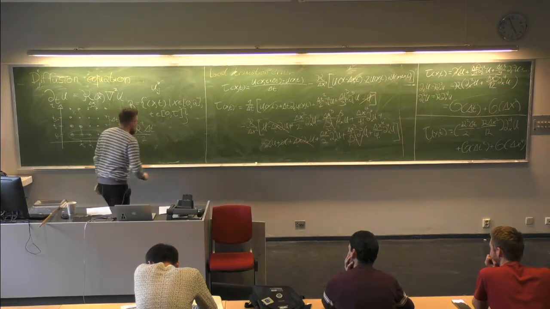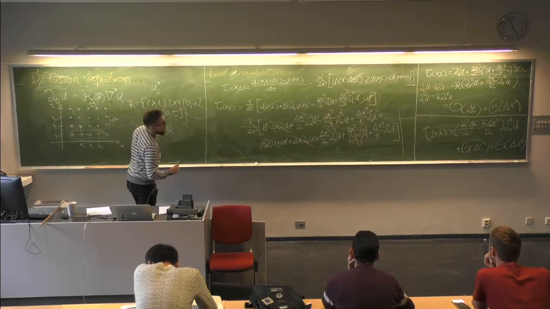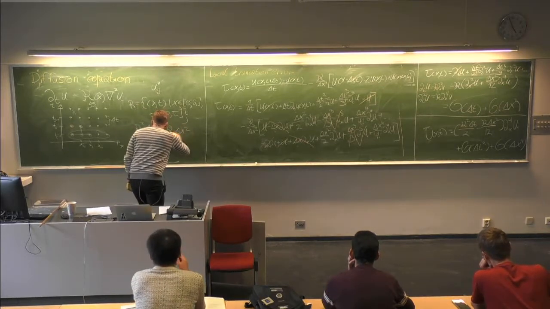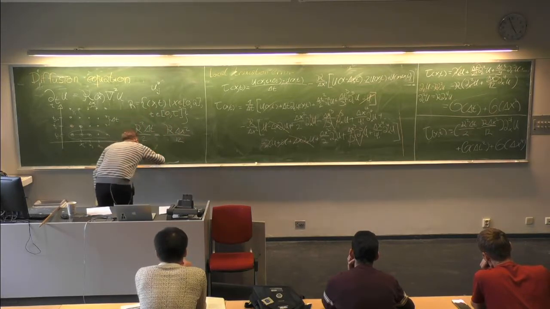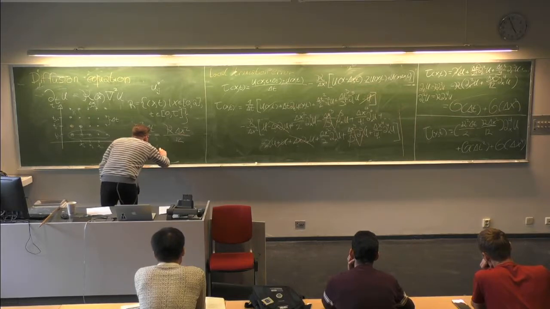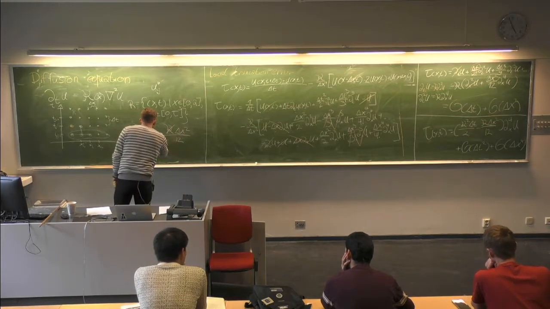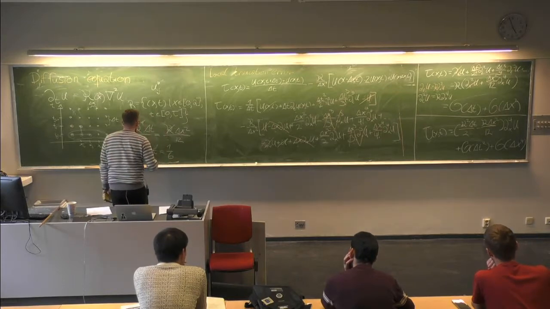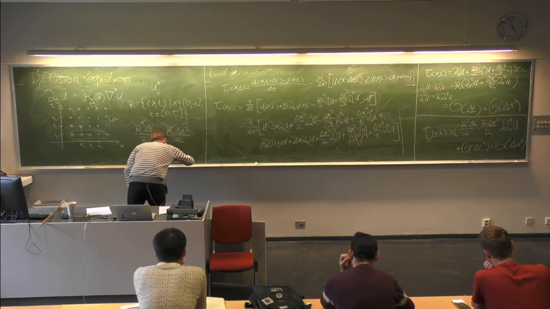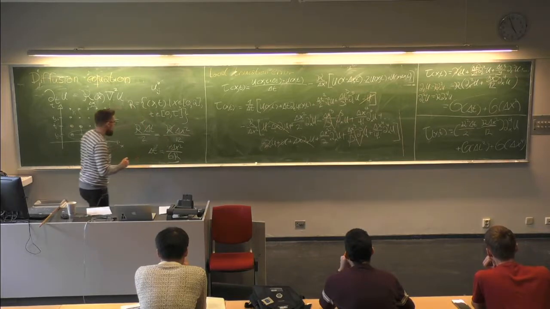If this is the same as kappa dx squared over 12, then you can set your time stepping to be dt equals delta x squared over 6 kappa. Is my math correct now?